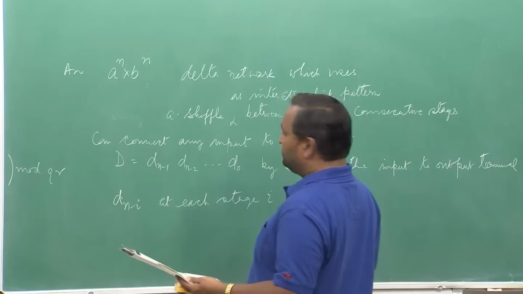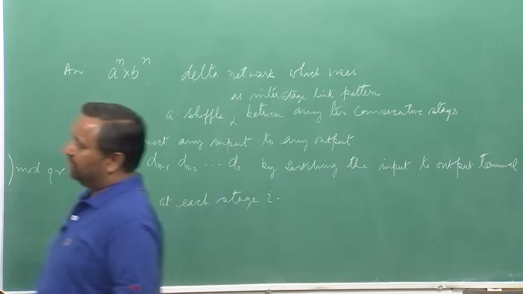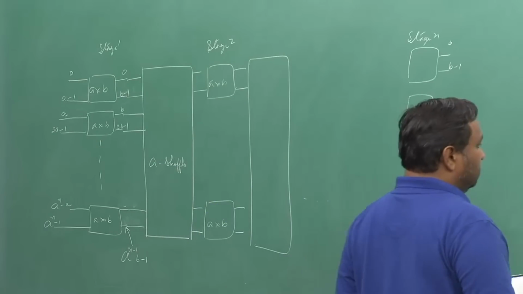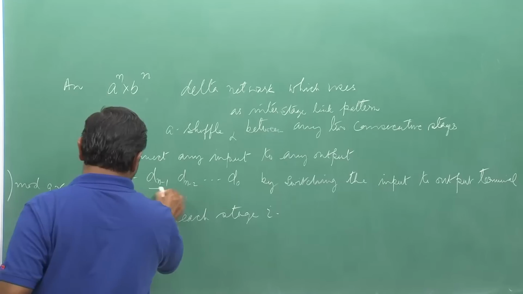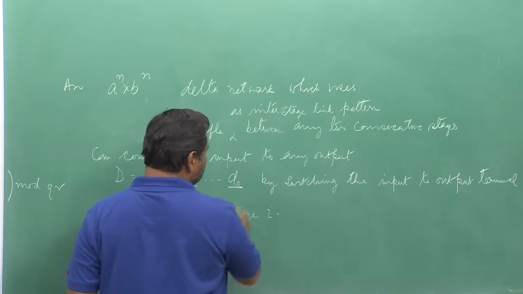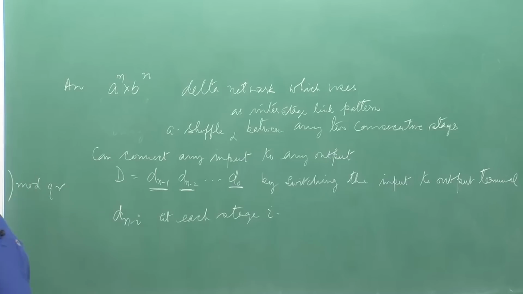So, where the labels are being assumed the way it has been shown going from top to bottom. Okay. So, in the first stage I will be using this particular digit, second stage I will be using this, last stage I will be using this particular digit for deciding which output terminal the packet should be routed. So, once this is done I will be able to create a self routing.